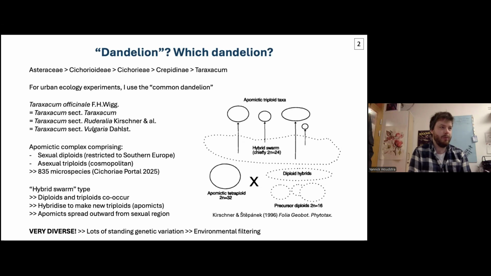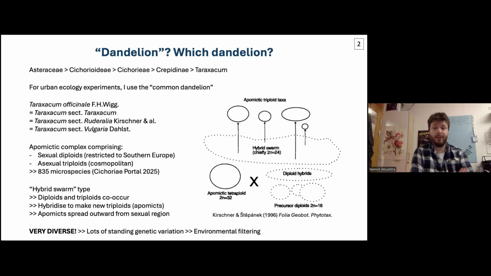And this is a huge apomictic complex comprising many sexual diploid plants and even more asexual triploid plants. Currently there are about 800 microspecies described in this apomictic complex. And that's because it's of the so-called hybrid swarm type.